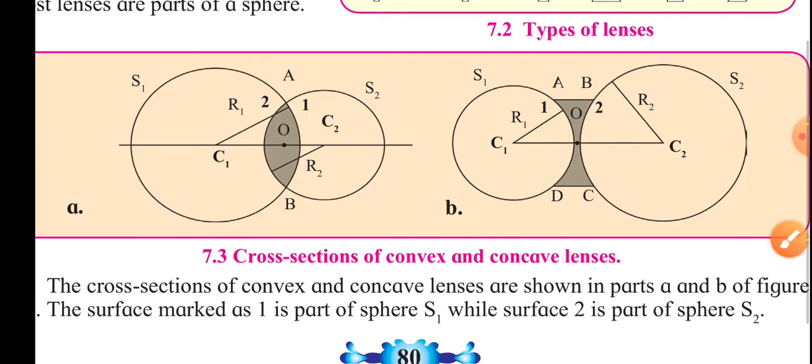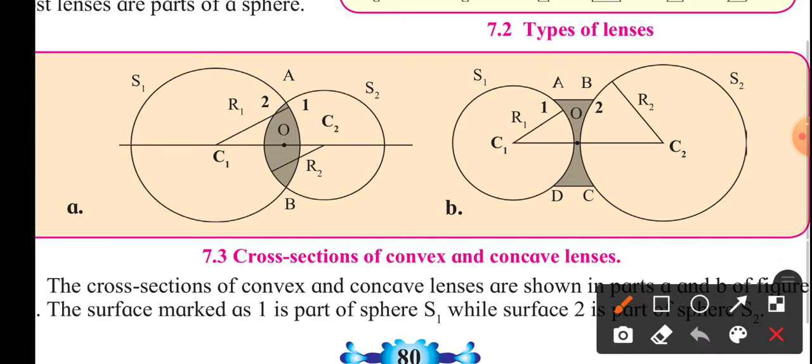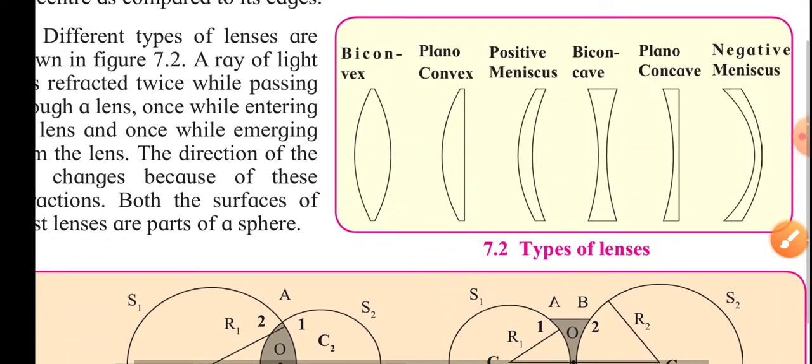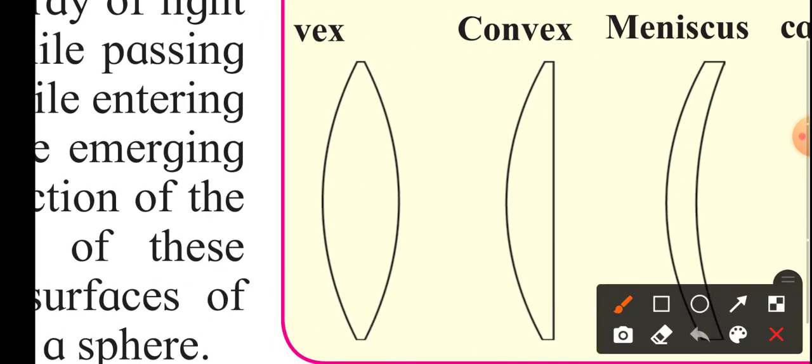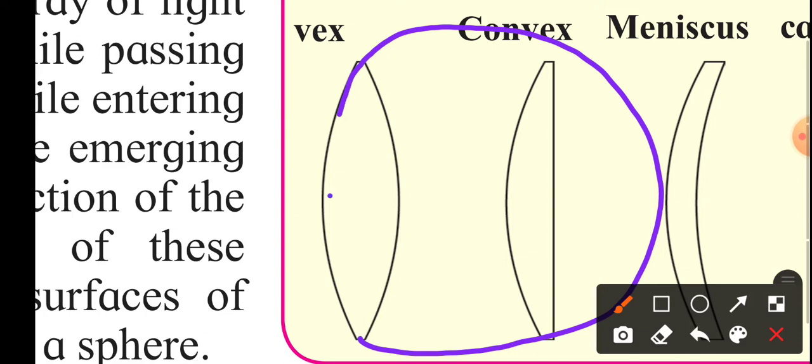Now why is this required? As we know, a lens is a part of two different spheres, so there are two centers of curvature and two radii of curvature, because there are two faces. Going back to the previous diagram, this surface is a part of one sphere, which will have its own radius and center of curvature.